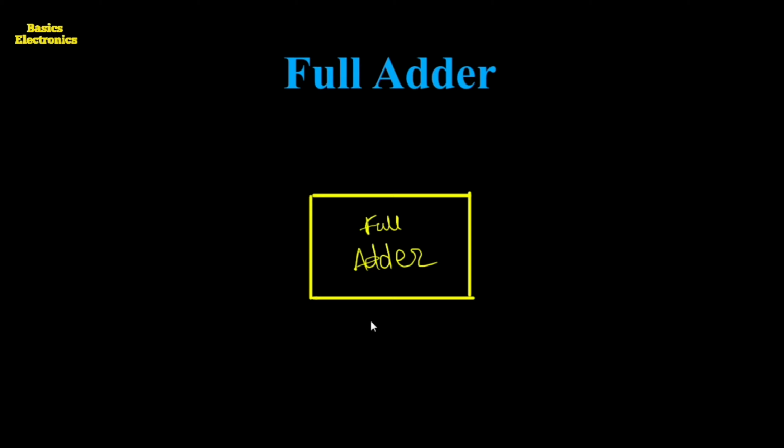But in the next circuits we have to use the full adder, so here we are going to draw a symbol having the inputs applied at the upper side. These three inputs are A input, B input and C input.